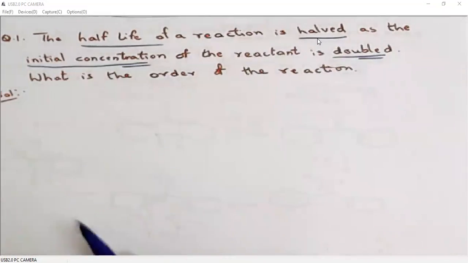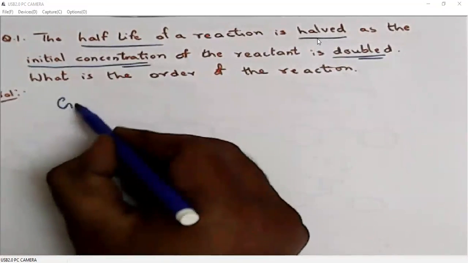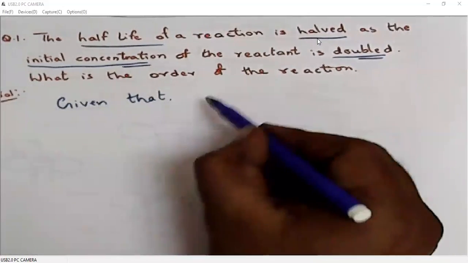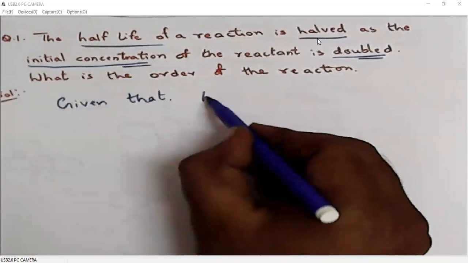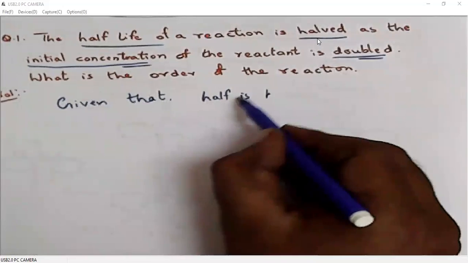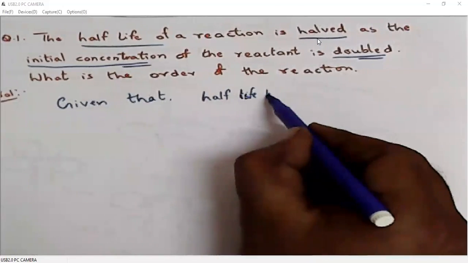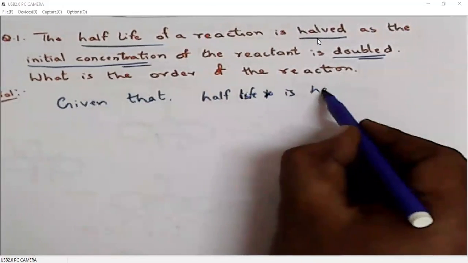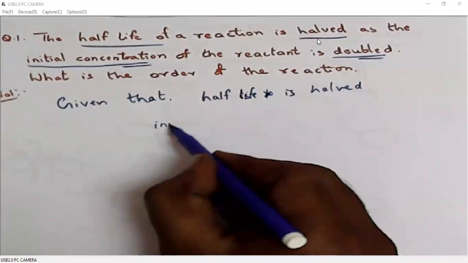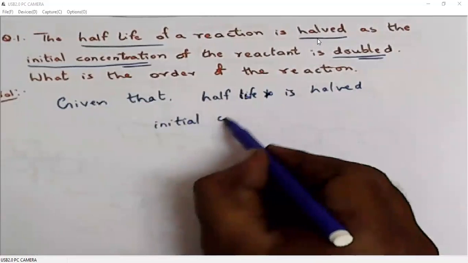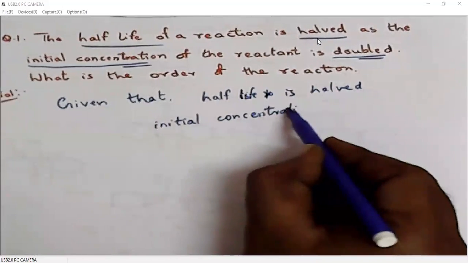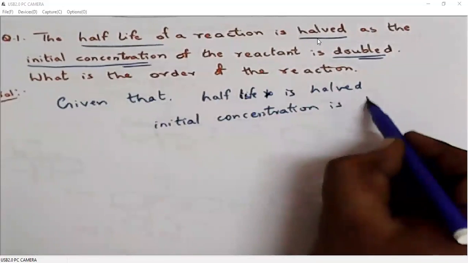So we can write, given that half-life is halved, initial concentration is doubled.